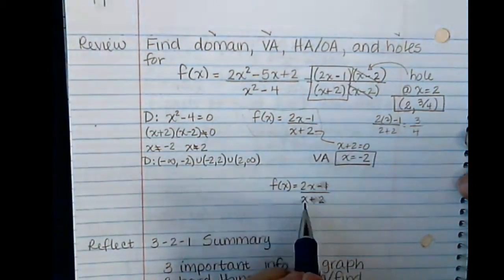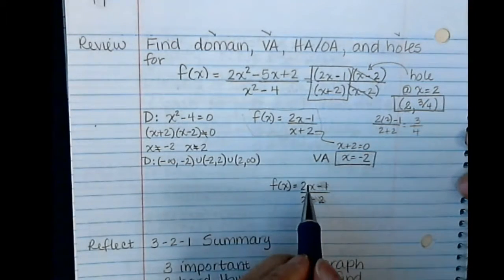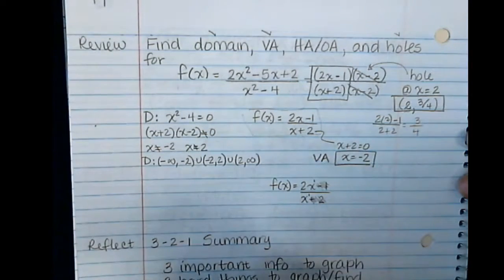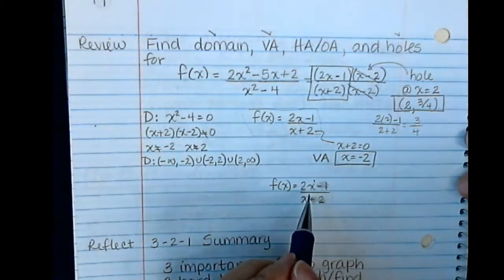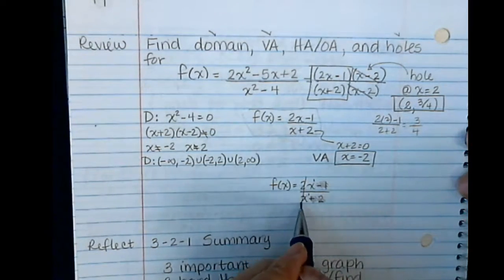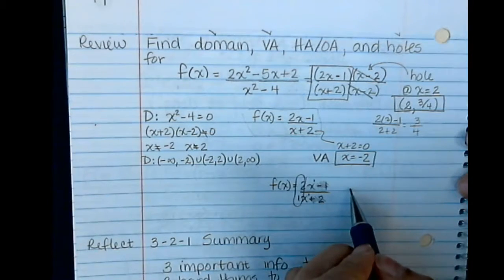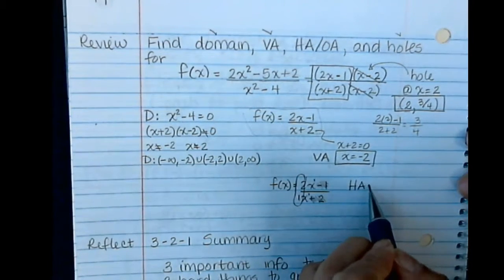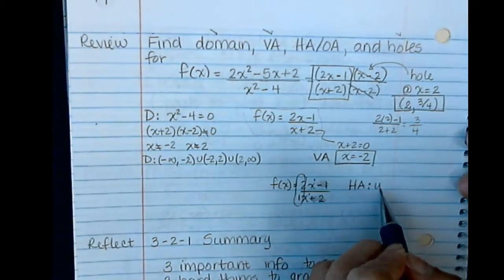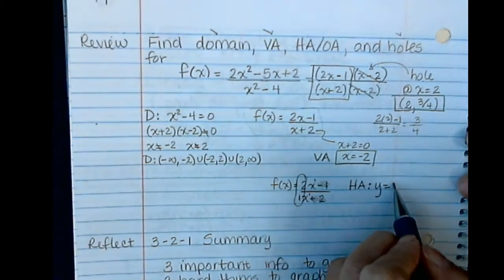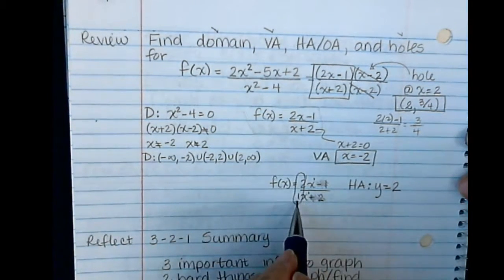So we're just looking at this guy right here, and we can see the degree of the polynomial at the top and the degree of the polynomial at the bottom are both equal to 1. Since they are the same degree, we just look at the coefficients in front of them. So in our case, we see that our horizontal asymptote is the horizontal line y is equal to 2, because it's 2 over 1, the coefficients of x.